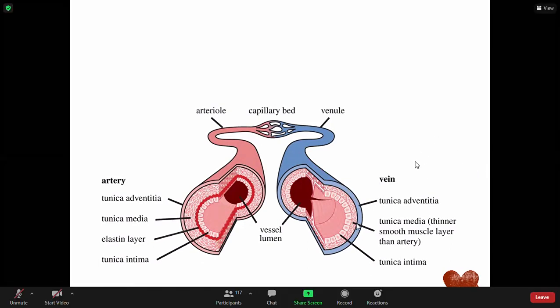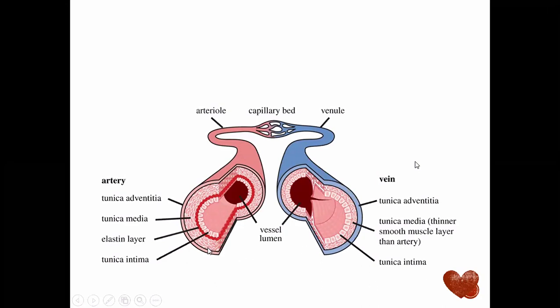And then you have your tunica intima. You do not have in your vein your elastin layer. So this is the lumen. And then as we go from venule to arteriole, you will have your capillary there, which we will describe later on.